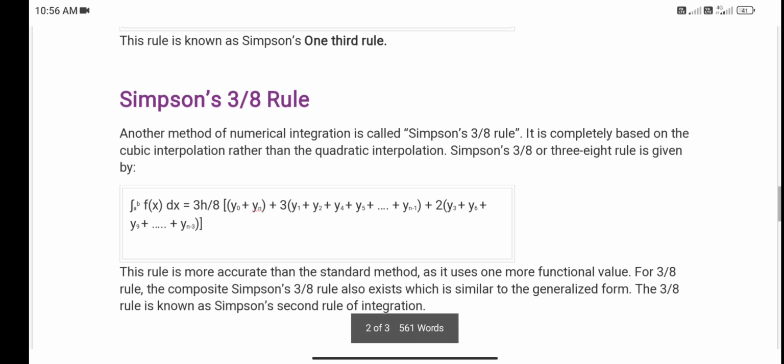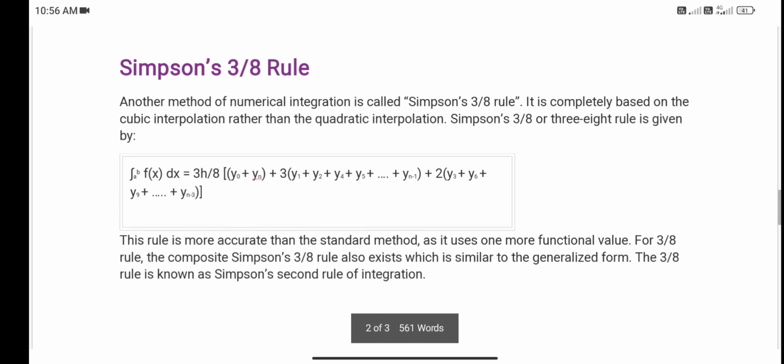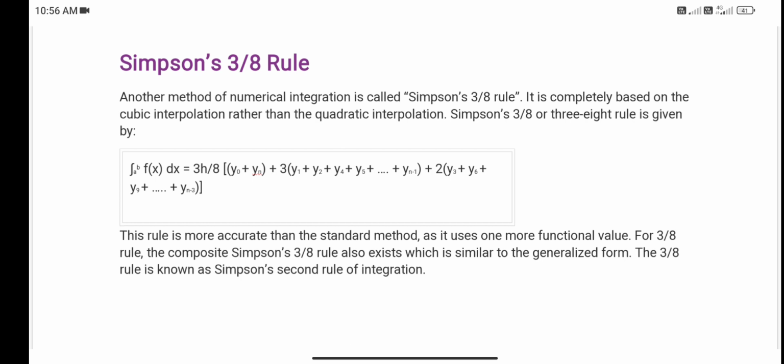Next one is Simpson's 3 by 8 rule. Another method of numerical integration is called Simpson's 3 by 8 rule. It is completely based on cubic interpolation rather than quadratic interpolation. It is cubic interpolation. You should recognize this value.